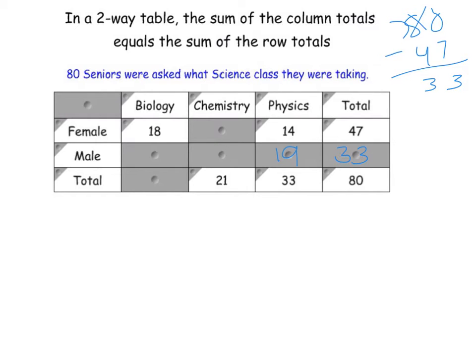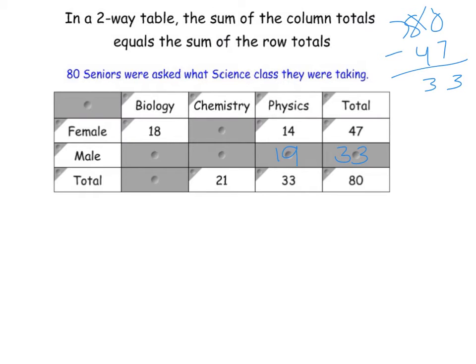Now, if you look at the next two columns, biology and chemistry, we're missing two from each side. So let's look particularly at the box that says female and chemistry. If we look at females in science, we know that there are 47 females altogether. I also know that 18 of the females are in biology and 14 of the females are in physics.